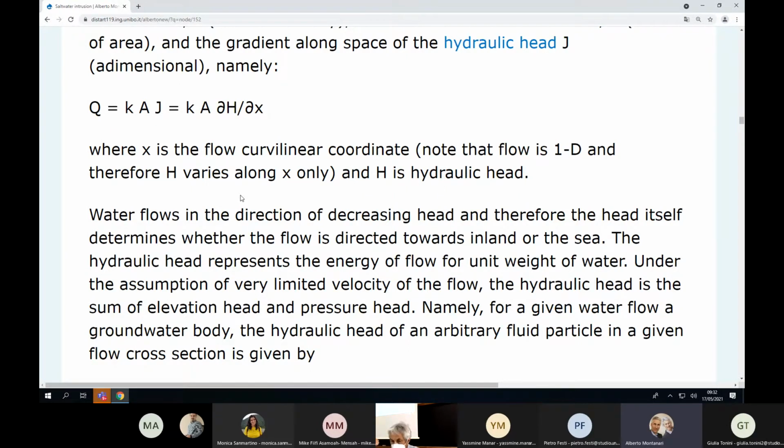I'm not repeating this treatment here, because what I want to do today is go to a further simplified problem. I want to introduce a further simplification, which is referring to hydrostatic conditions.